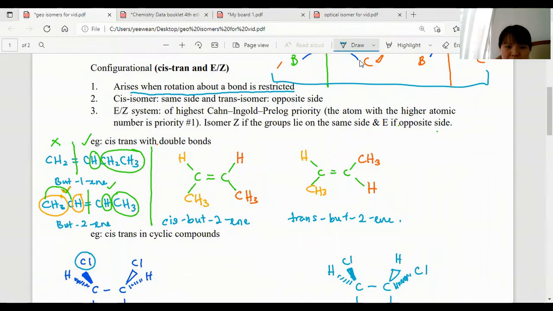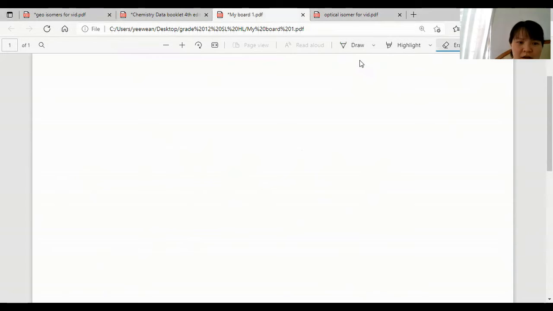Now let's come back to the first example, this butene. We've already determined how to differentiate the cis and the trans. Now let's look at how we determine E and Z, which is E and which is Z. To do that, you need to know how to determine the priority. Let's go to another slide here. To know the priority, you will need your periodic table.